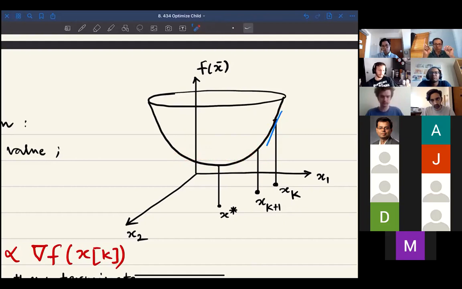So the intuition is, it's not only alpha, it's also the gradient at x_k which matters. If the gradient at x_k is large, then with that alpha you might jump backwards. And if you jump backwards and you get to a point where there's an even larger gradient, then you might again jump backwards.